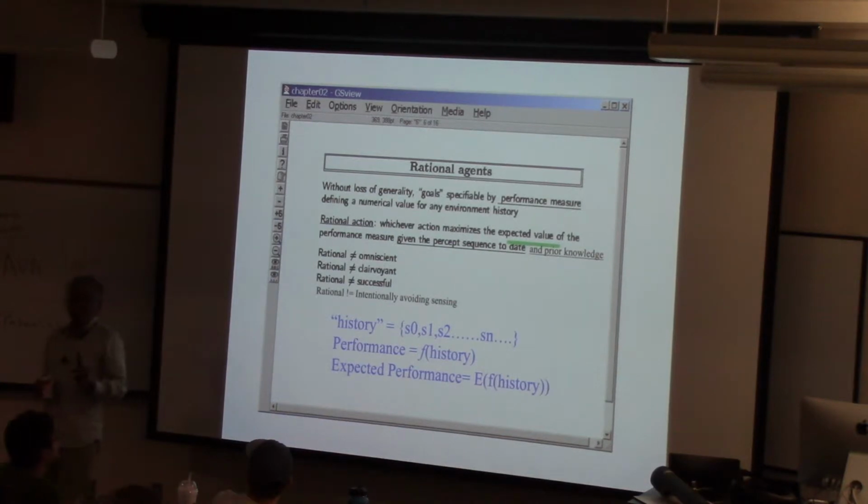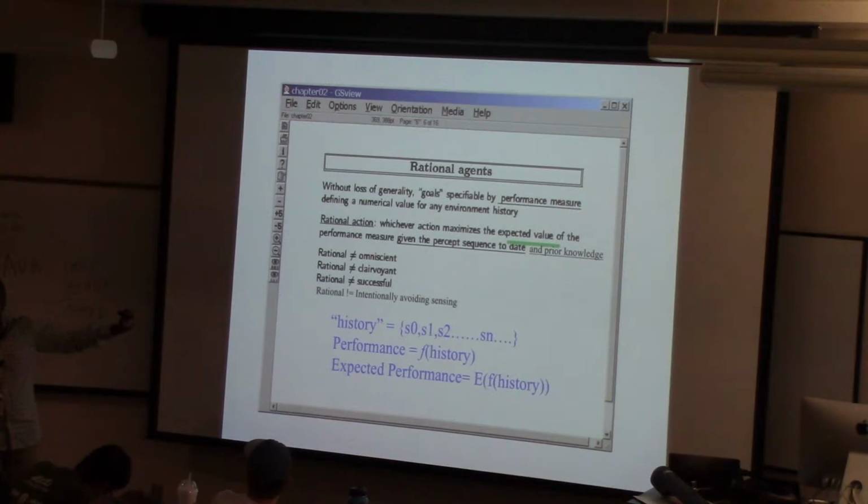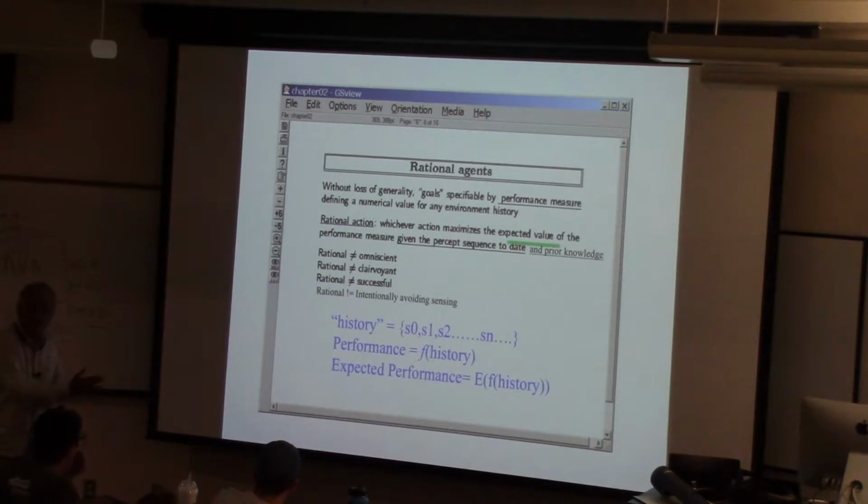The important thing is, if you think in terms of state sequences, which are the trajectories, you realize that performance is a function of the trajectories that you go through. That's just a longhand notation for saying the value of your life is your entire life.